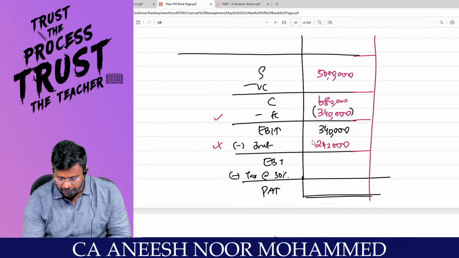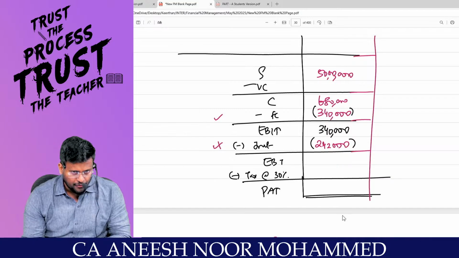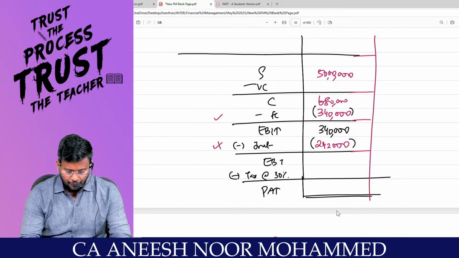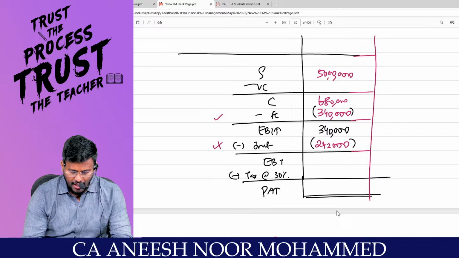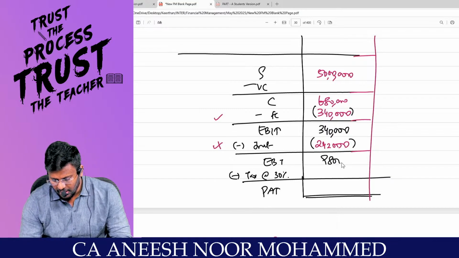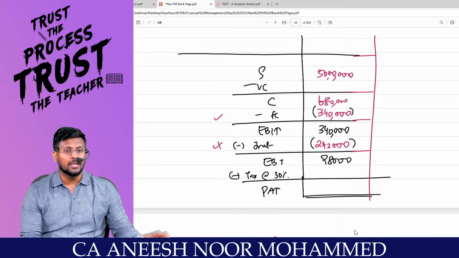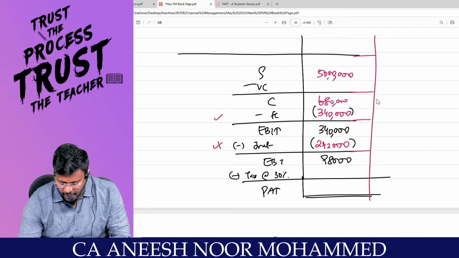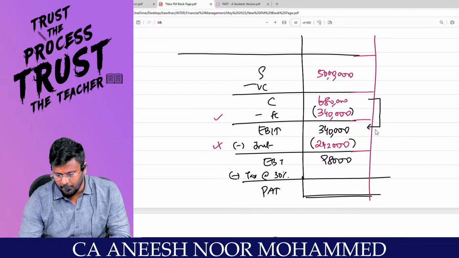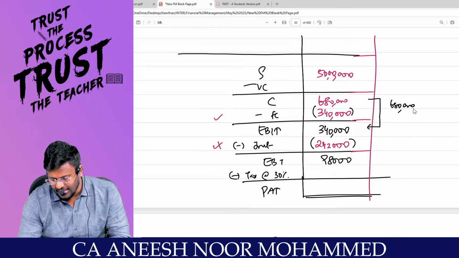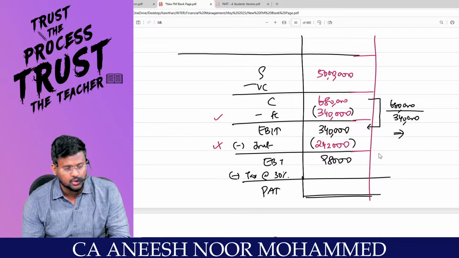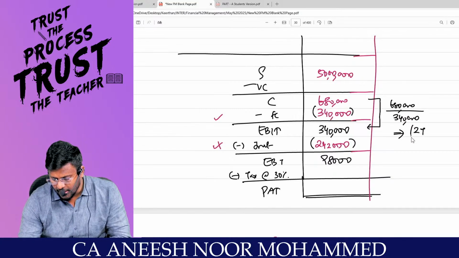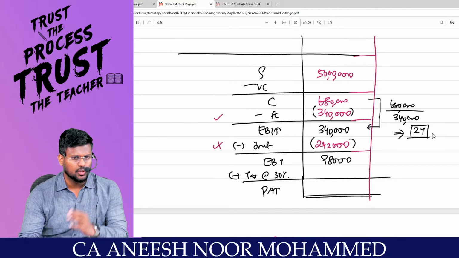If the interest is 2,42,000, 3,40,000 minus 2,42,000 comes to 98,000, which will be the EBT. Here you check the operating leverage: contribution divided by EBIT, 6,80,000 divided by 3,40,000 comes to 2 times, which matches with the question.